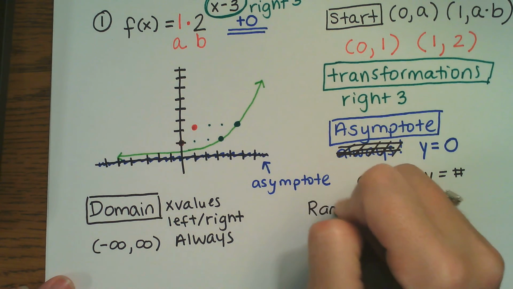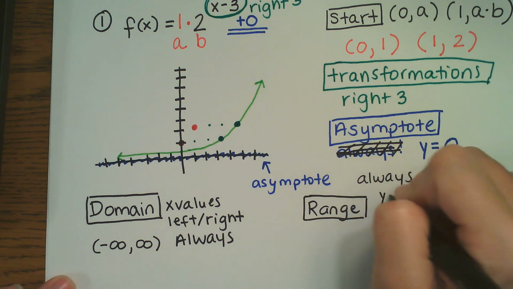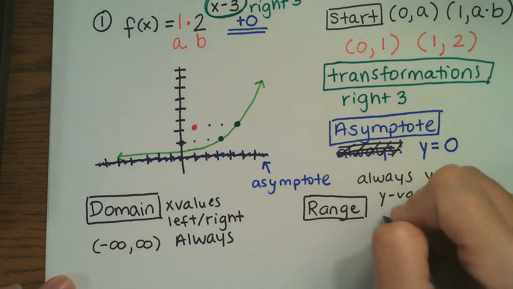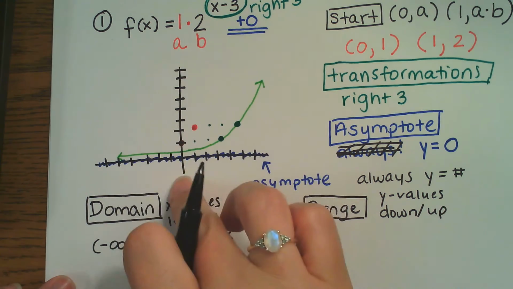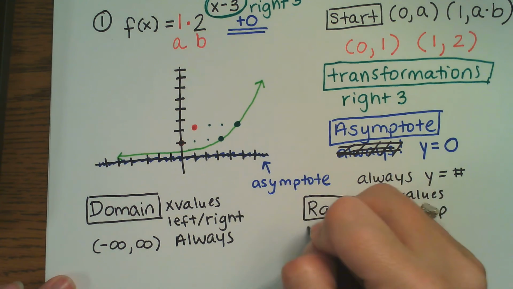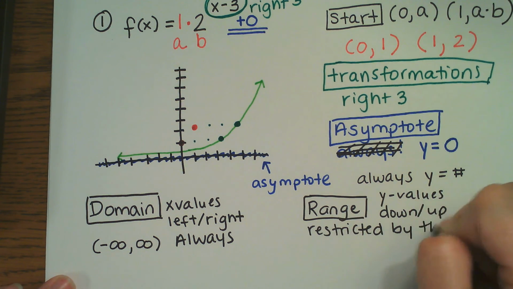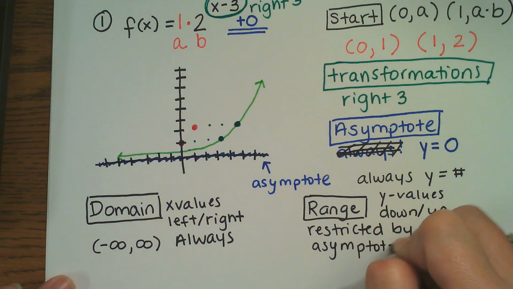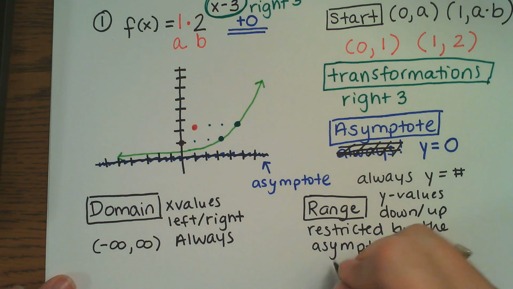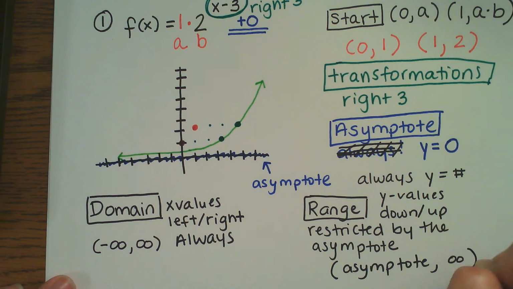Now, for your range, the range represents the y values, or how far down and up the graph goes. Well, our range is going to be restricted by the asymptote. So it's going to go from the asymptote number to positive infinity.